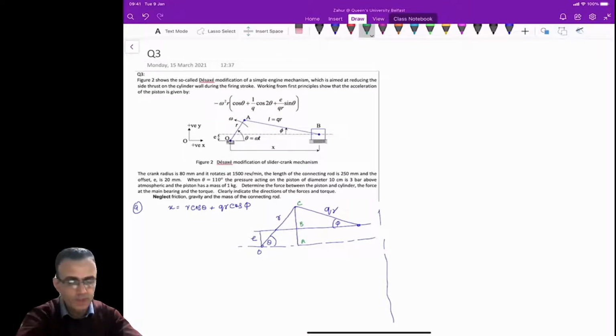From the trigonometry, what we can see is that BC can be calculated from these two triangles. If you look at this triangle here, BC will be QR times sine of phi.